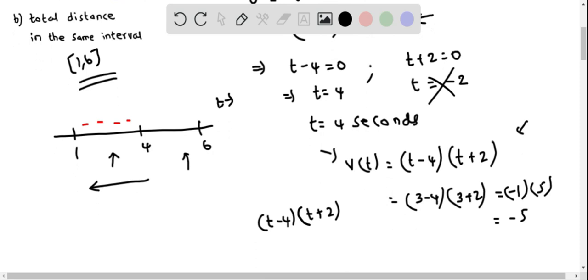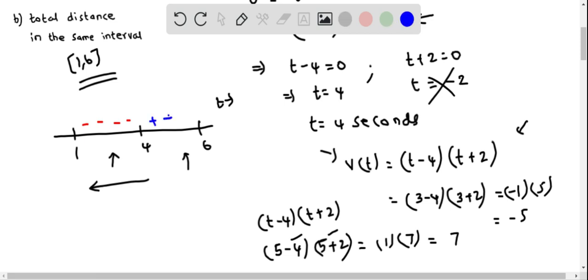So when you plug t equal to 5, we get 5 minus 4 times 5 plus 2. So let's understand the sign. This is positive 1 and this is positive 7. So this is basically a positive quantity. So we can see that this is positive from t equal to 4 to 6 seconds, which means it is moving towards the right direction.